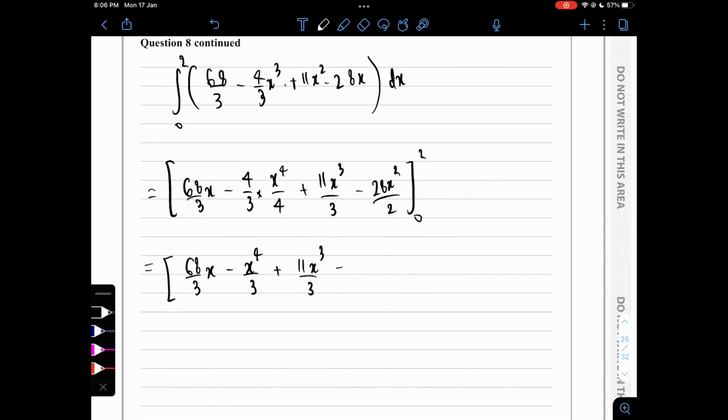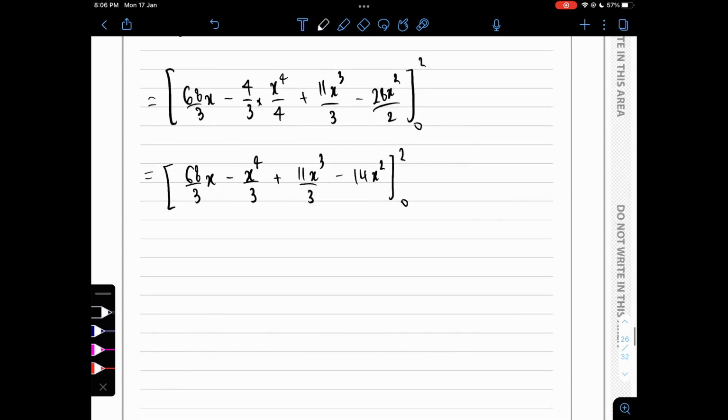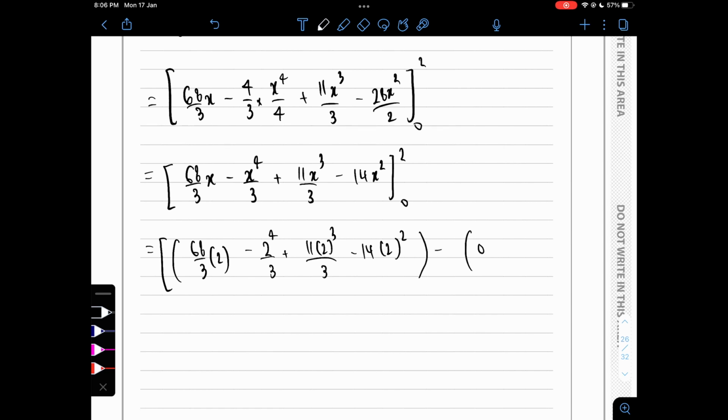And so this would be minus 14x squared, between 2 and 0. Now we just substitute. That will be 68 over 3 times 2 minus 2 to the power 4 over 3 plus 11 times 2 to the power 3 over 3 minus 14 times 2 squared, and take away 0 because it's just 0.